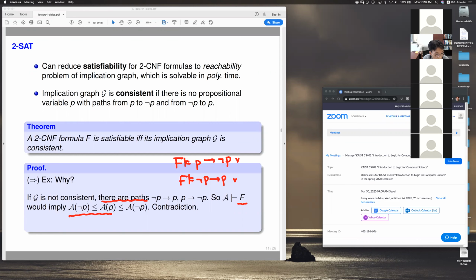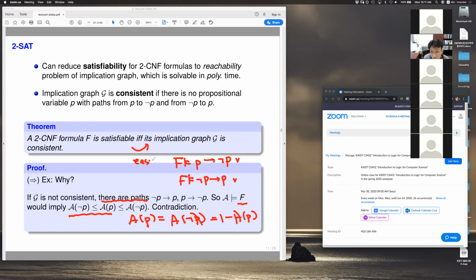The assignment A assigns either 0 or 1 to the propositional variable P. Both of these really mean A of P is the same as A of negation of P. That cannot be true, because the latter always has to be equal to 1 minus A of P. So this leads to a contradiction. That shows that if the formula is satisfiable, then the implication graph is consistent. So this direction is easy.